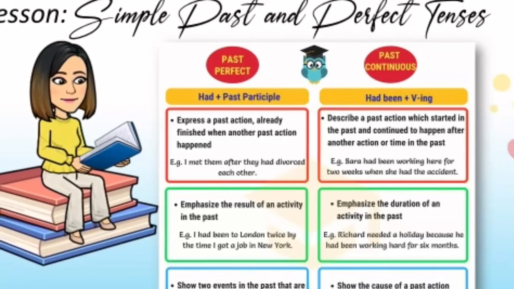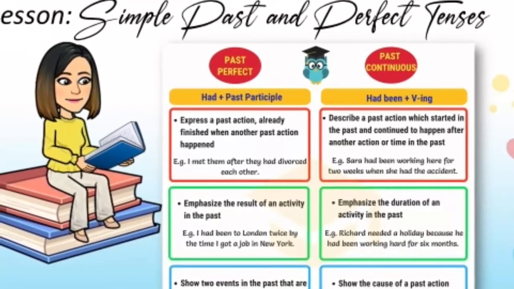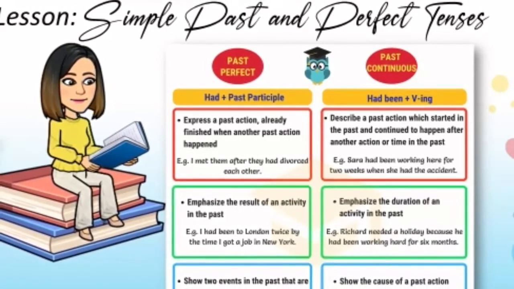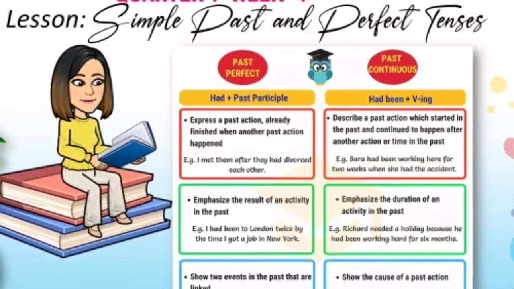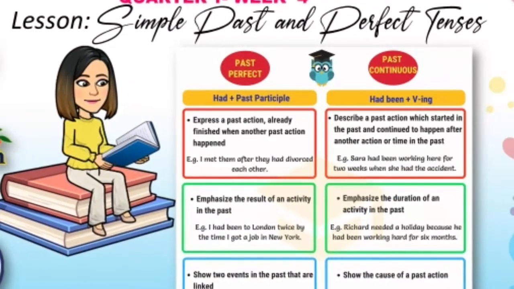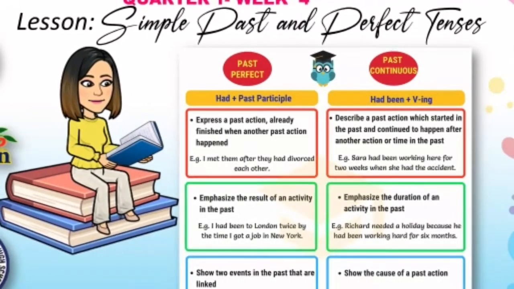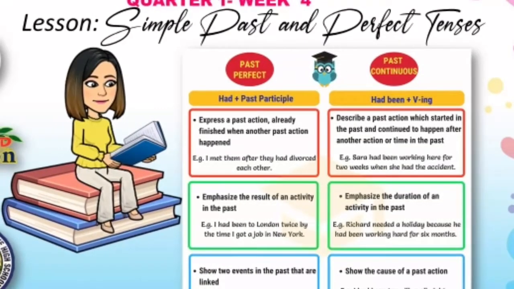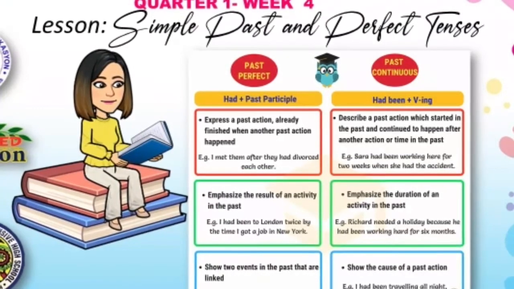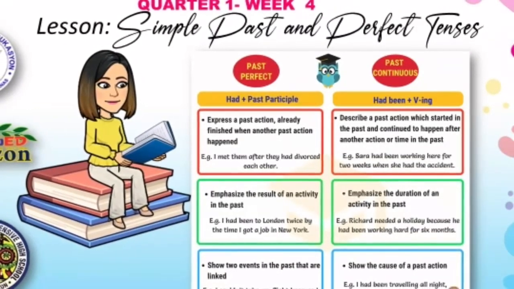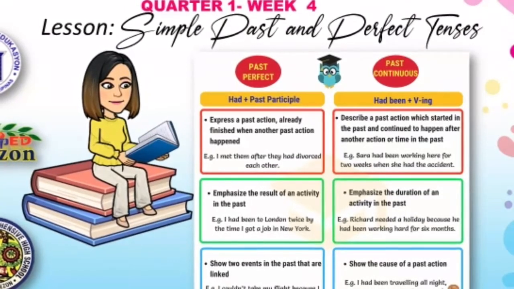The second structure is the continuous form of the past perfect tense. It describes a past action which started in the past and continued to happen after another action or time in the past. Example, Sarah had been working here for 2 weeks when she had the accident.